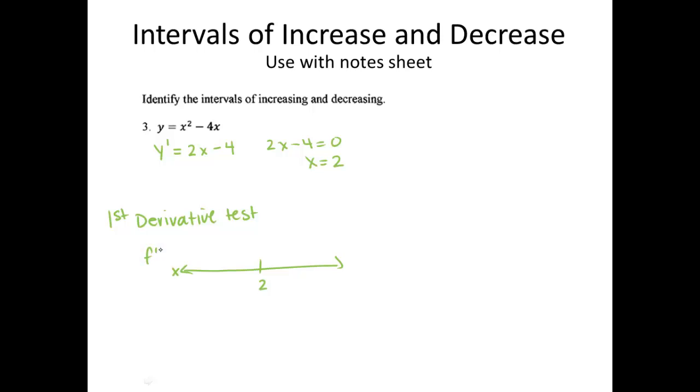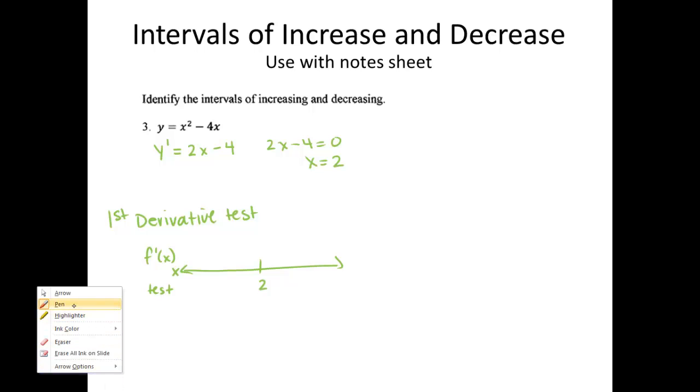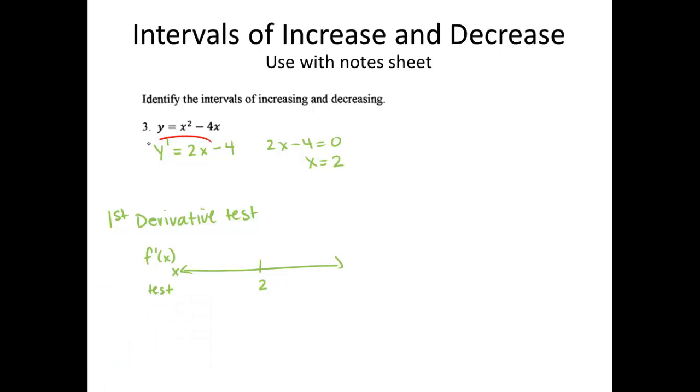So I want to know f prime of x, the first derivative, and I want to test some points. So using my first derivative, which we have up here, let's test points over here. We're going to test, for example, 0. I like 0. It's a nice number to substitute in. And on the other side, I'm going to test 3. I'm going to test them in the first derivative.